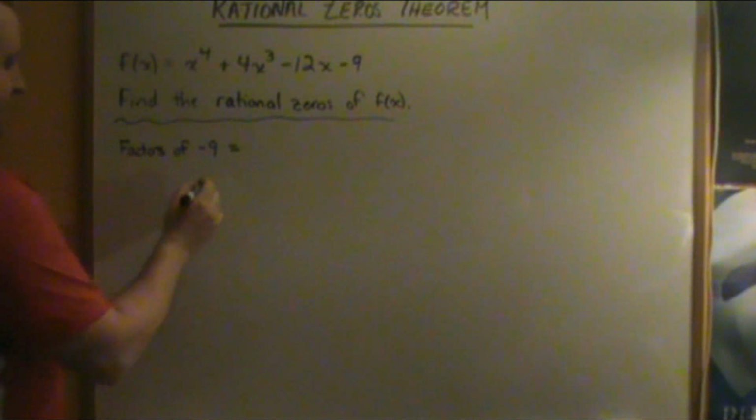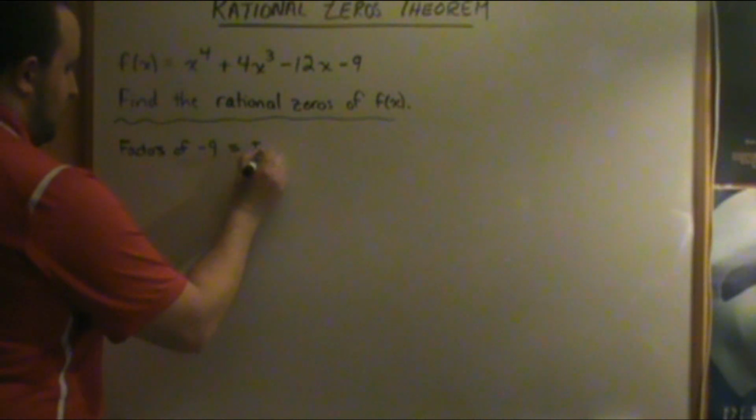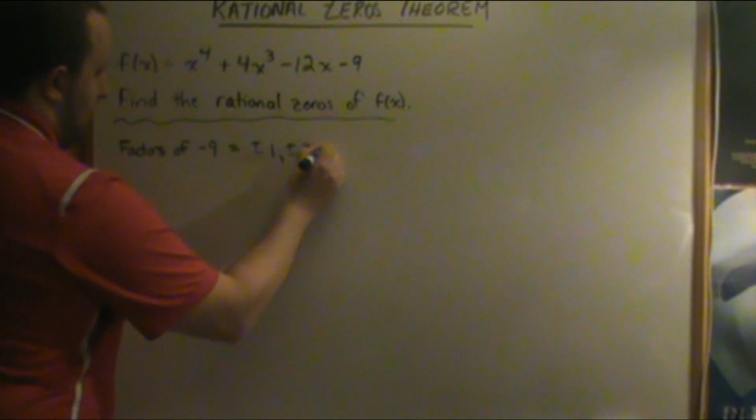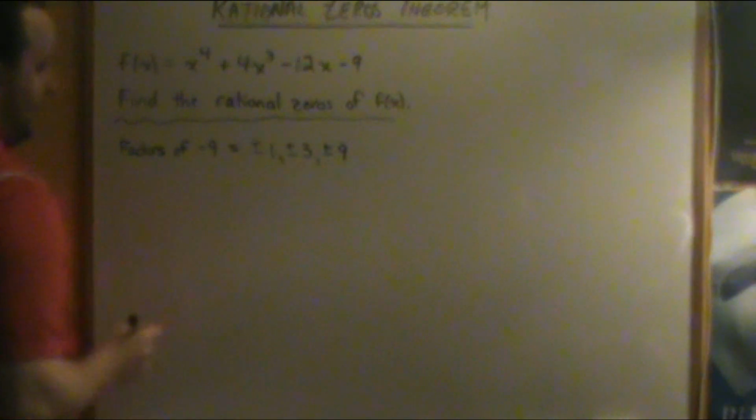All of our factors of negative 9 are positive and negative 1, positive or negative 3, and positive or negative 9.